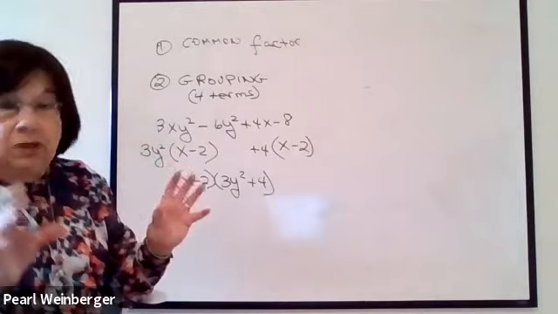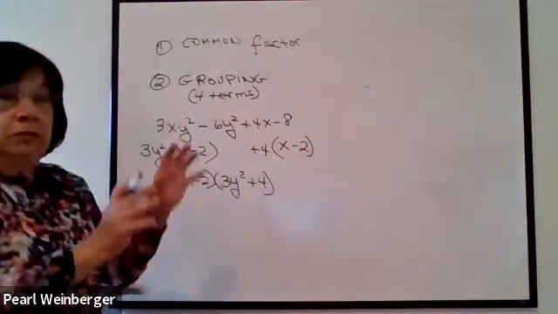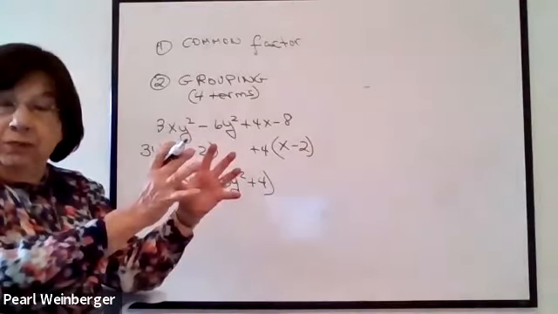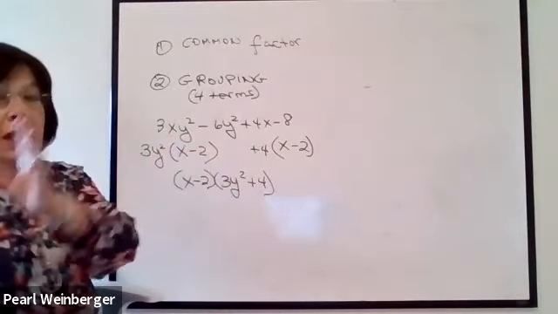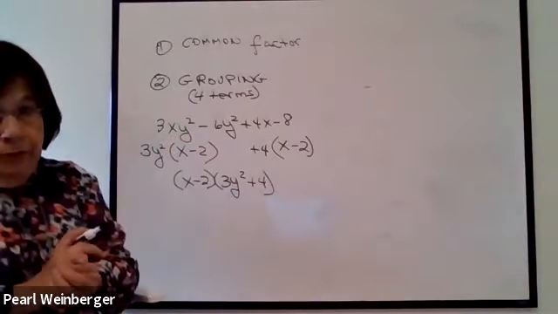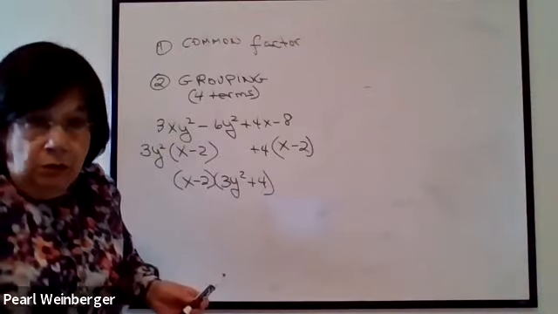Again, when do you use it? When you have 4 terms, so that you can group together your first 2 terms and your second 2 terms. Do you think you're ready to try one on your own?